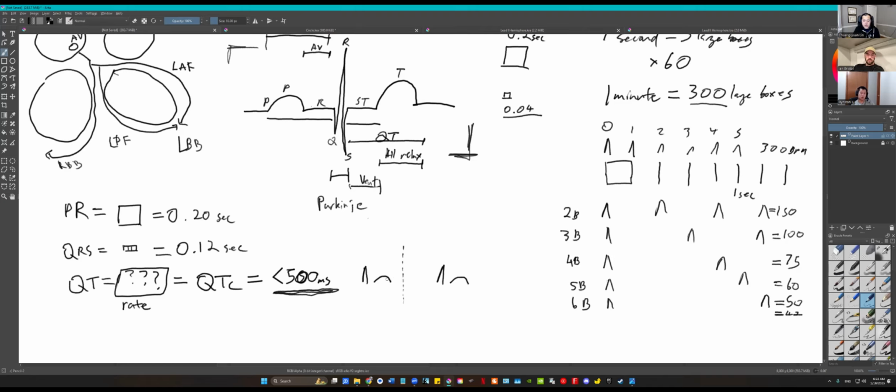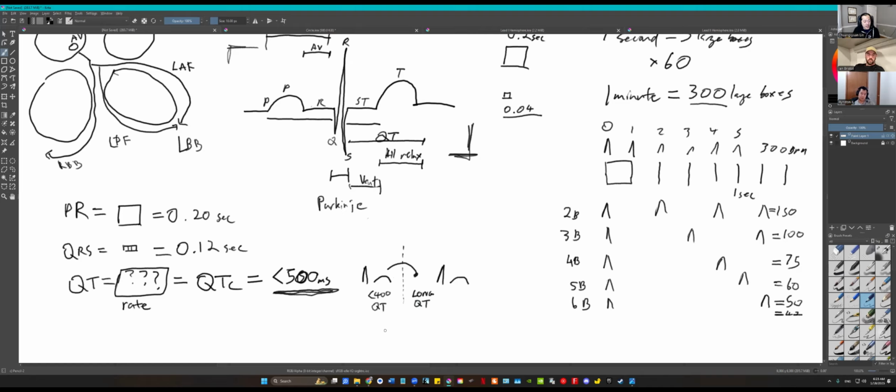As long as the T wave ends before the midpoint, the QT is going to be less than 400 milliseconds. If the T wave ends all the way here, past the halfway point from spike to spike, this is long QT. I don't care what the number is. Long QT syndrome.